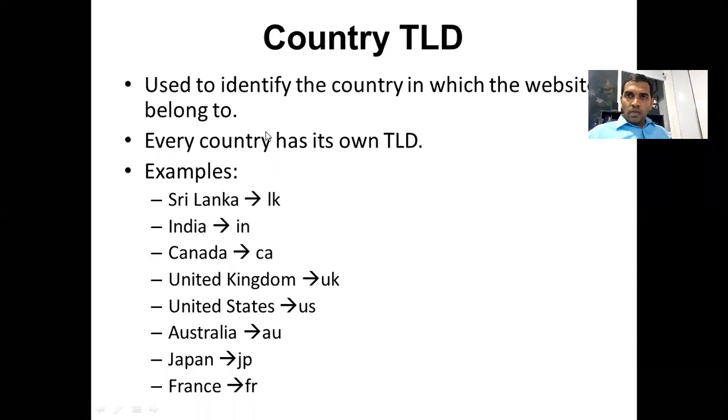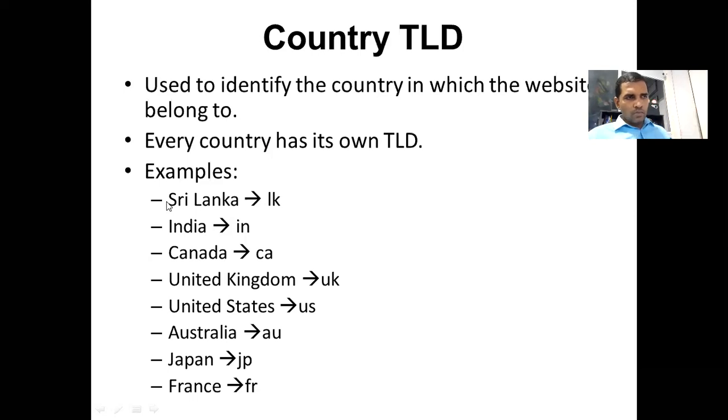You cannot get LK for a company in India, because it is registered in India. Definitely, they have to take the Indian country TLD. If a company wants to register under a country TLD in the UK, definitely they have to take their country TLD, right?